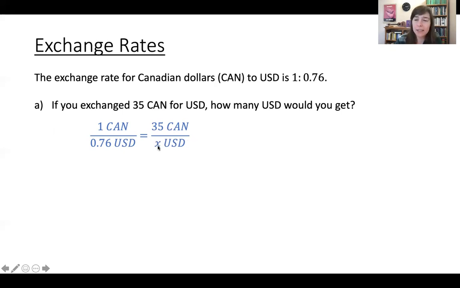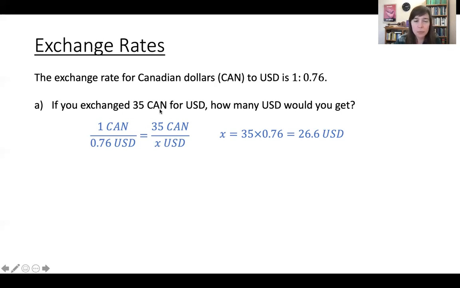And that X is what you want to solve for. You can cross multiply, and you get that 1 Canadian dollar to 0.76 US dollars is the same as 35 Canadian dollars to 26.6 US dollars. That just means if you exchanged 35 Canadian dollars, you would get 26.6 US dollars back, or $26.60.